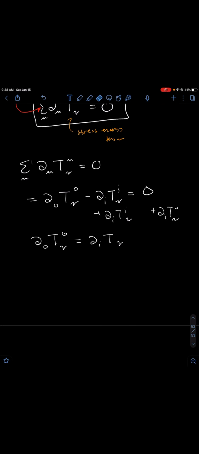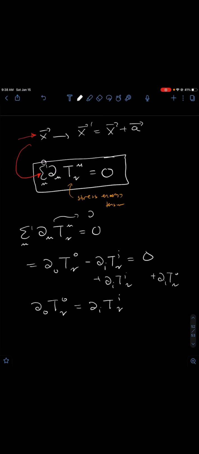It should be an I because if we were to expand this, it's just partial naught T naught nu minus partial 1 T1 nu minus partial 2 T2 nu minus partial 3 T3 nu. Oops, sorry, these should be pluses. So we just take this and write it as partial I T I nu.